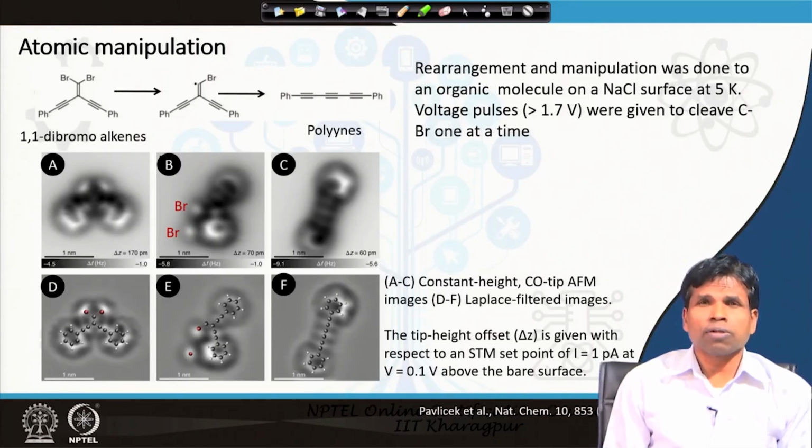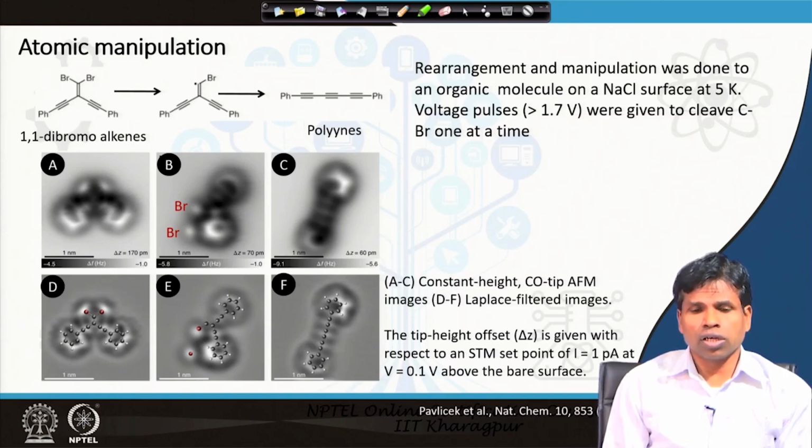In this case, a 1,1 dibromo alkene was converted to a polyene using a carbon monoxide functionalized tip in the non-contact mode.